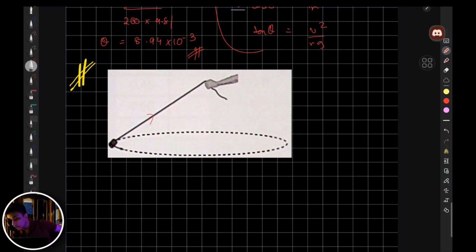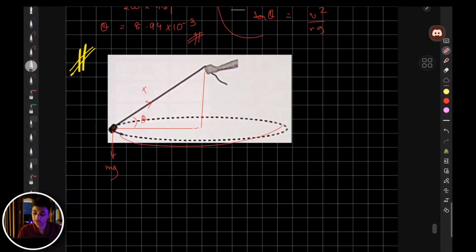So the object is experiencing a number of forces. First of all, the weight, mg. Second, which is tension, which is upwards at an angle, that is theta, let's say. So this tension is causing the centripetal force, resulting in this circular motion.